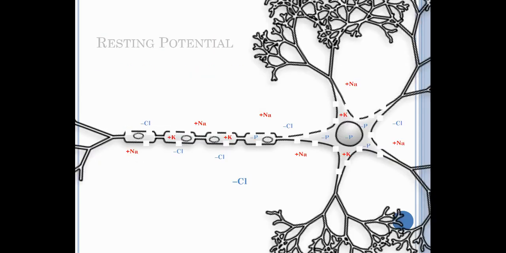So if we look at this model, we can consider these three forces and how they act on each type of ion. Notice first that the cell membrane of the neuron is drawn in a broken line. This is to represent the concept of permeability, that is, that ions can pass through this membrane. Chloride ions, the negative Cl, are concentrated outside the neuron, so they will tend to move through the membrane into the cell.